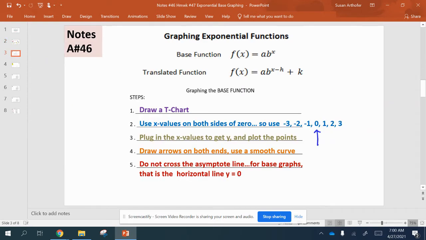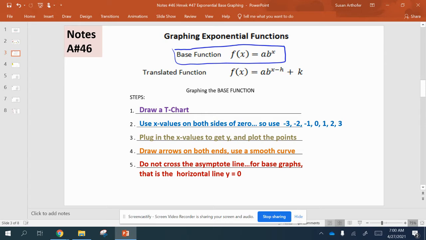For graphing exponential functions, today we're going to do the base function. Please copy down your steps, hit pause, and come back to this video when you're done. Your steps are to draw a t-chart.